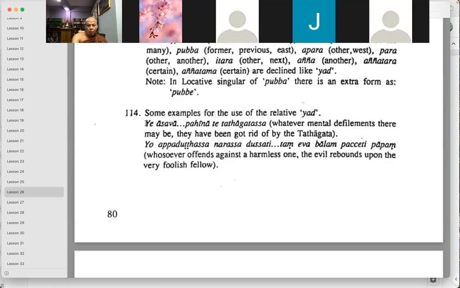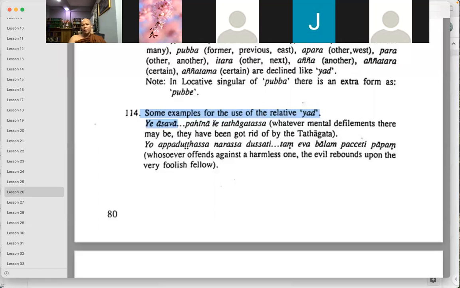For example, here in the first sentence: ye āsavā pahīnā. So which āsavas are dispersed? Ye āsavā, whatever āsavas are pahīnā, abandoned, tathāgatassa, by the Tathāgata.